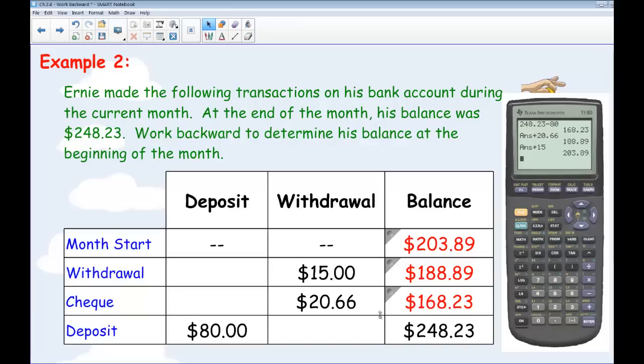And then I make a deposit of $80, which means I add $80, which brings me to $248.23. So this is a good example to get you to understand how bank statements work, and it's probably a good idea because that way you can always check your own personal bank statements, so that you ensure that the bank is honest with the numbers that they're giving you.